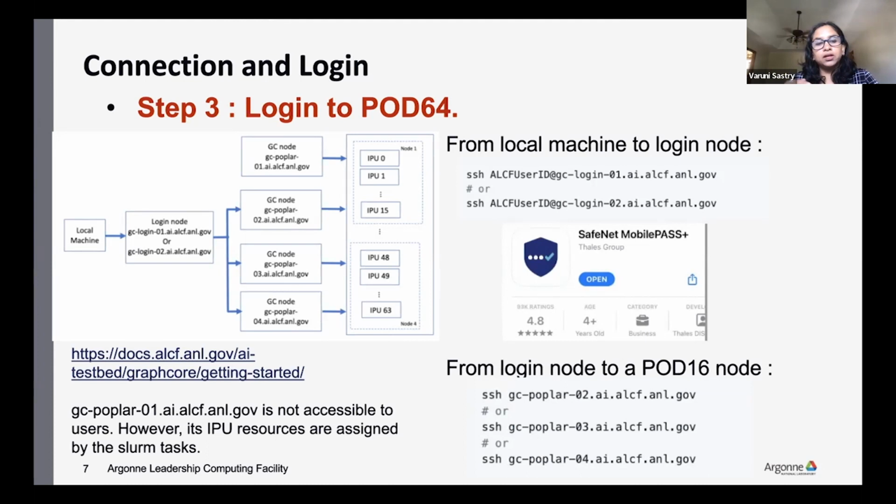Once logged into the login node, that is the place where you can log in to the next. You can choose to log into whichever compute node you want. Currently, if you see the snapshot there, you have three GC compute nodes that you can access directly or log into, which are 02, 03, and 04.